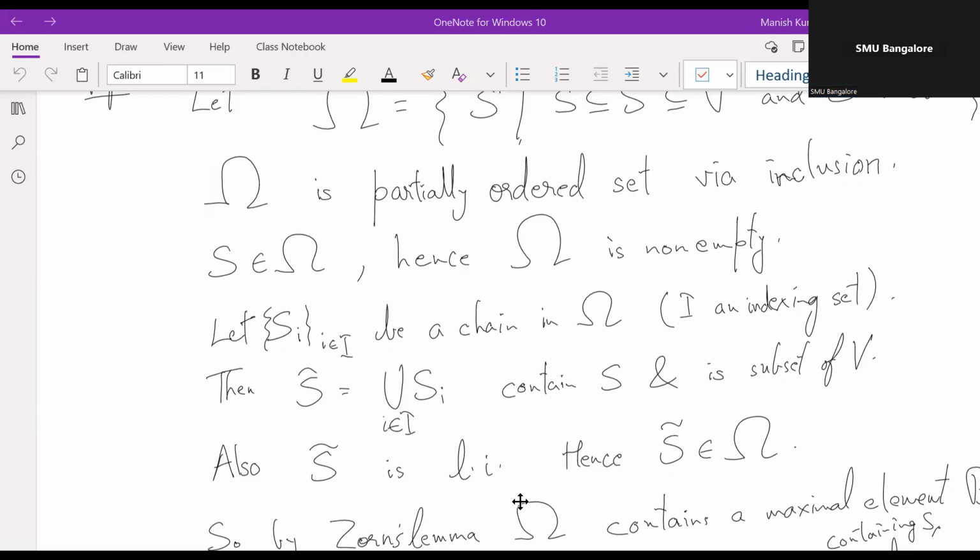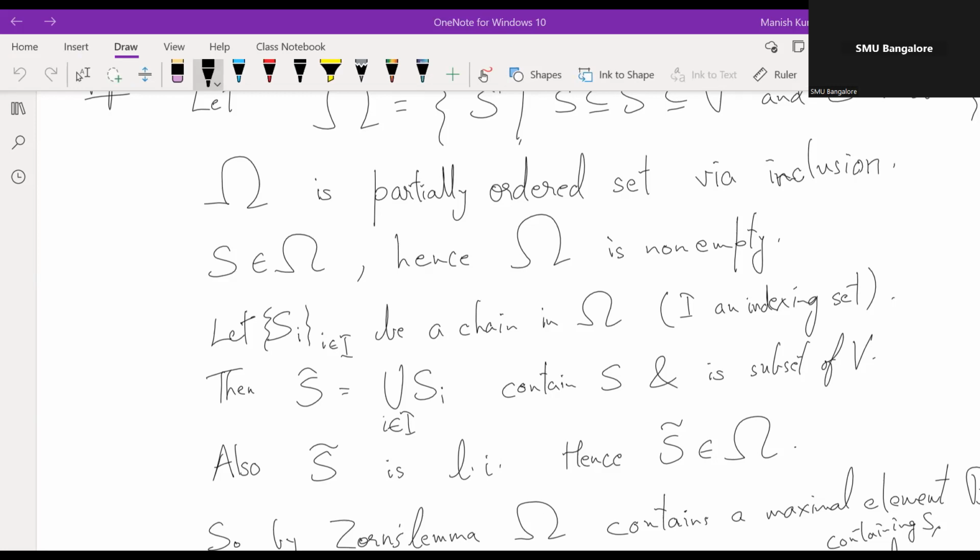To prove linear independence, we see that if there is a linear dependence between certain vectors in S tilde, then it will involve only finitely many elements of S tilde.